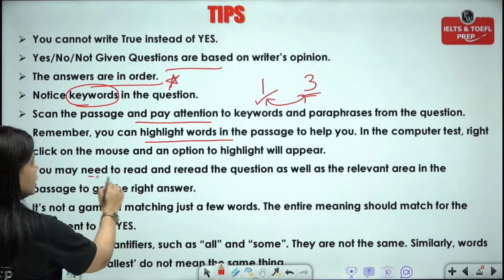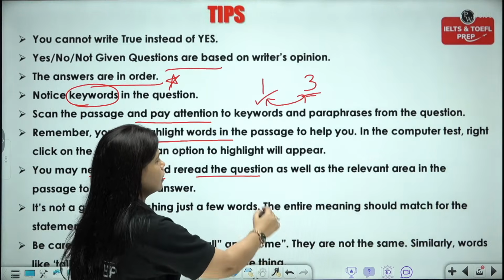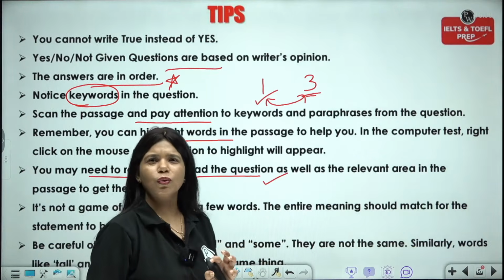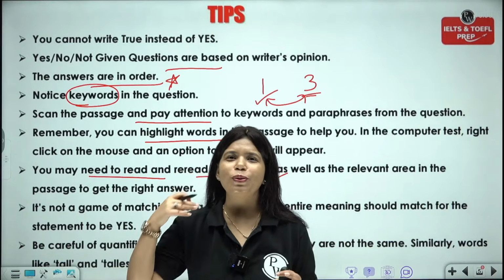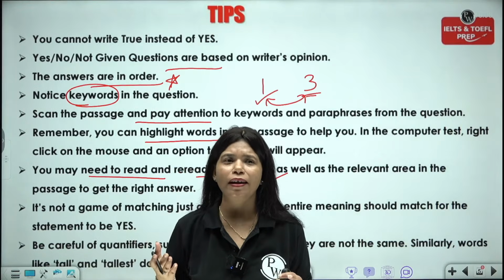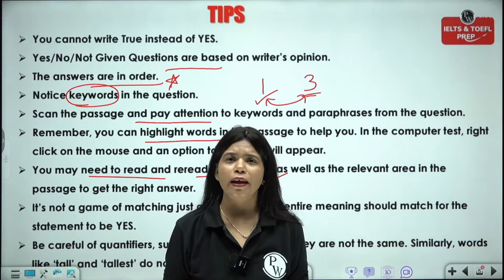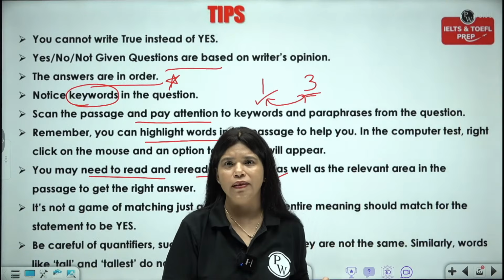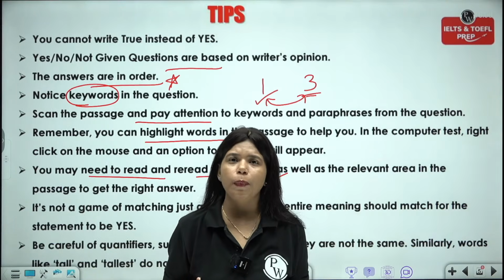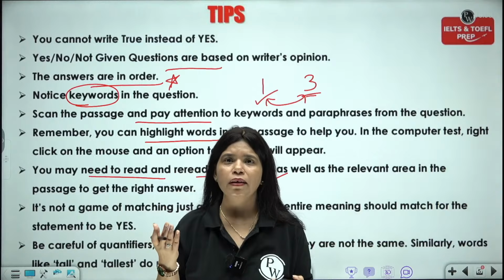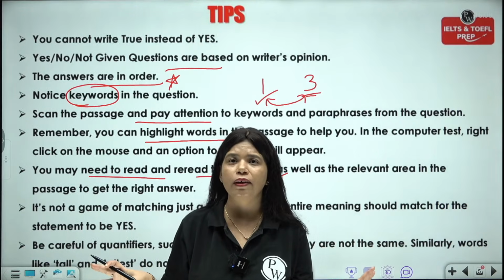Now, you may need to read and reread. Yes, this is something very important. A lot of students tell me that I am not able to retain a lot of information in my head. Well, nobody can do that. There is so much information in the passage, I can't retain all that information in my mind either. You will have to read and reread the question also and the relevant area also.